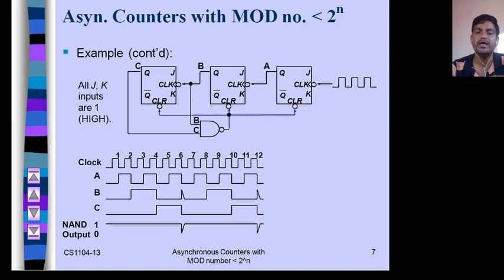If we are using mod 6, the used states are 6, from 0 to 5. When it goes to 6, we have to clear all the flip flops. Clear all the flip flops means all flip flop outputs will be 0.